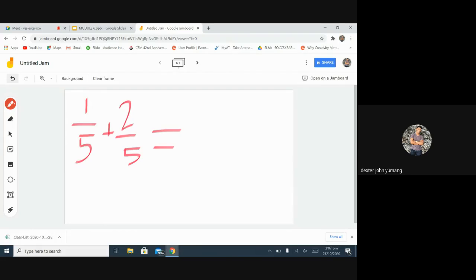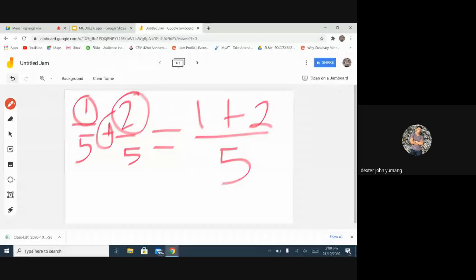The denominators are both the same and these are 5. So if we are going to add similar fractions, just copy the denominator 5, then add 1 plus 2. Where do 1 plus 2 come from? This is the 1, this is the 2, and this is the plus. What if it is minus? Then we put minus. So 1 plus 2 is 3 over 5. And that is now our answer. That is how easy adding similar fractions is.